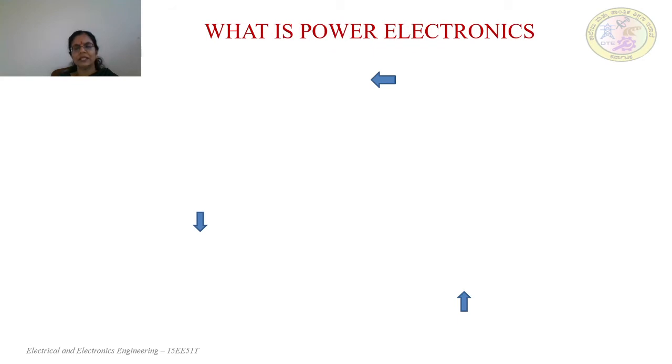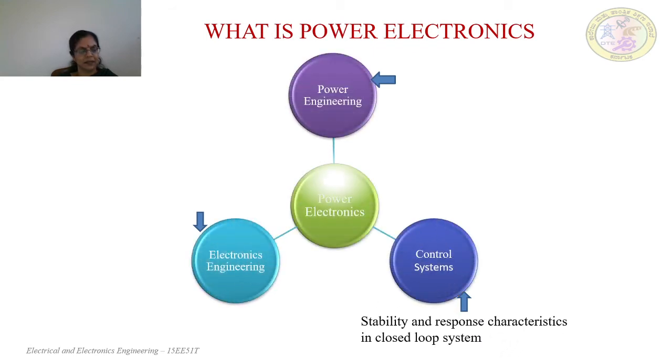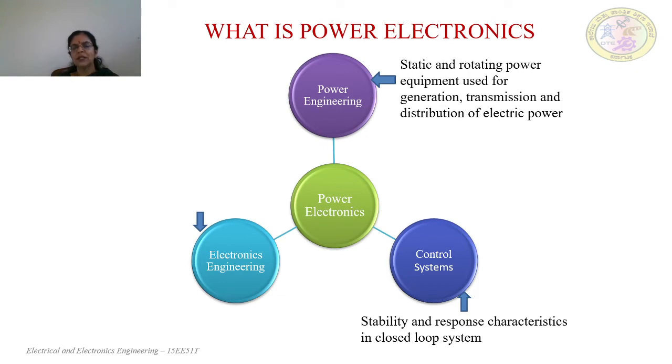So now we'll just define what is power electronics. So power electronics is combination of power engineering, control system and electronic system. So what does power engineering mean? Power engineering will be dealing with static and rotating power equipment used for generation, transmission and distribution of electric power.